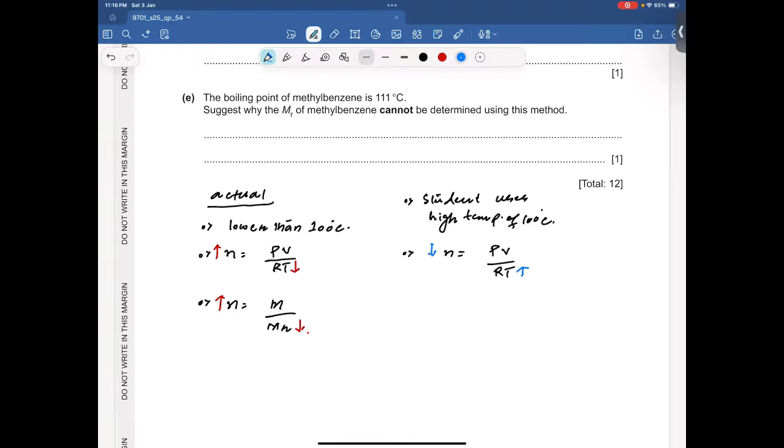So moles is going to be lower. Moles is always equal to mass upon MR, so if moles is lower, MR is going to be higher.